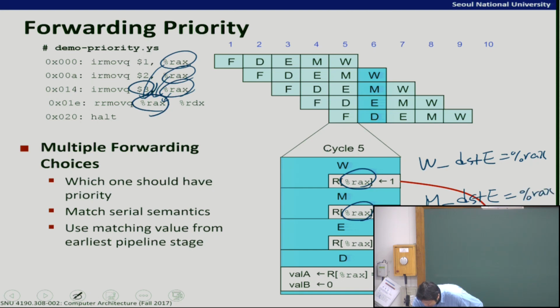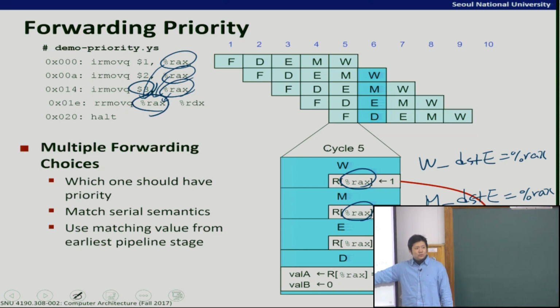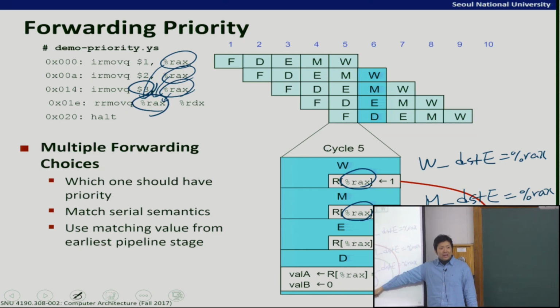This one is E dstE, also RAX. All of these 3 match the source register, source A. Then which one must have higher priority in this case? E, right? This one has the higher priority.